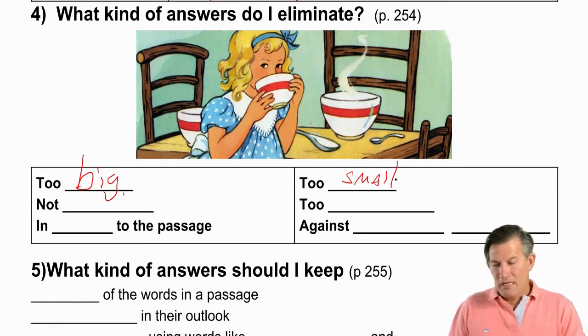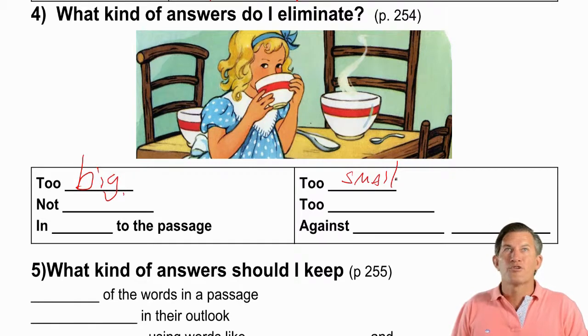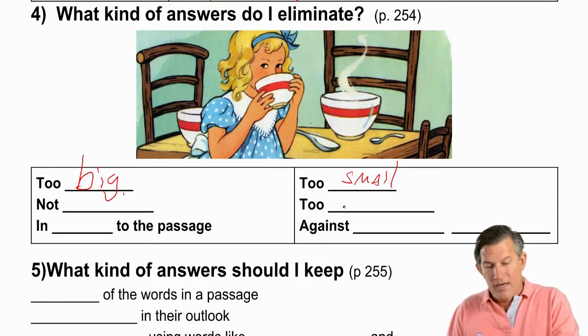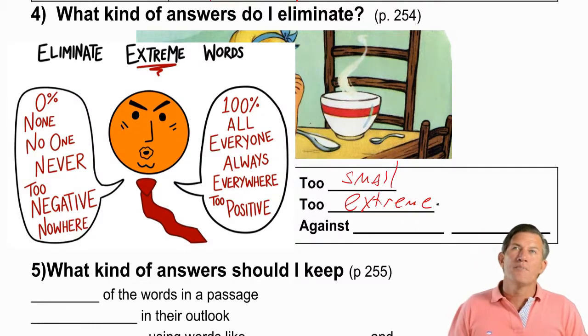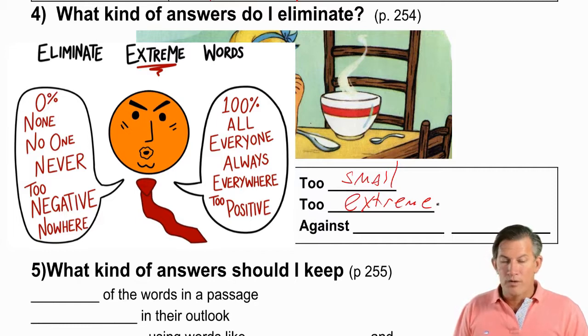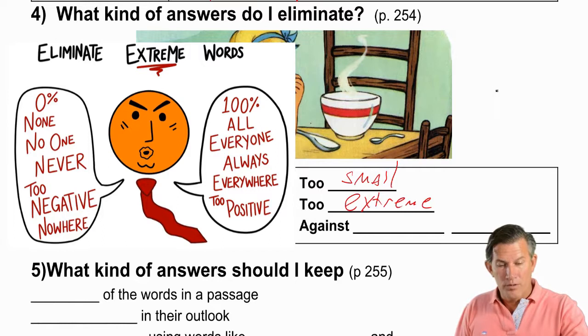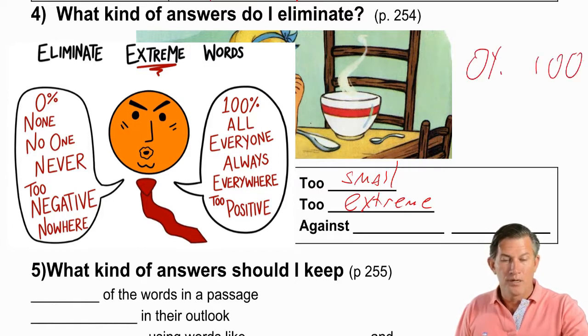Okay, if it's too big or too small, if it's too extreme, okay, then it can't be the answer usually, right? So we have to talk about what are some of the extreme words. Okay, the extreme words are the words that mean something 0% or 100%.